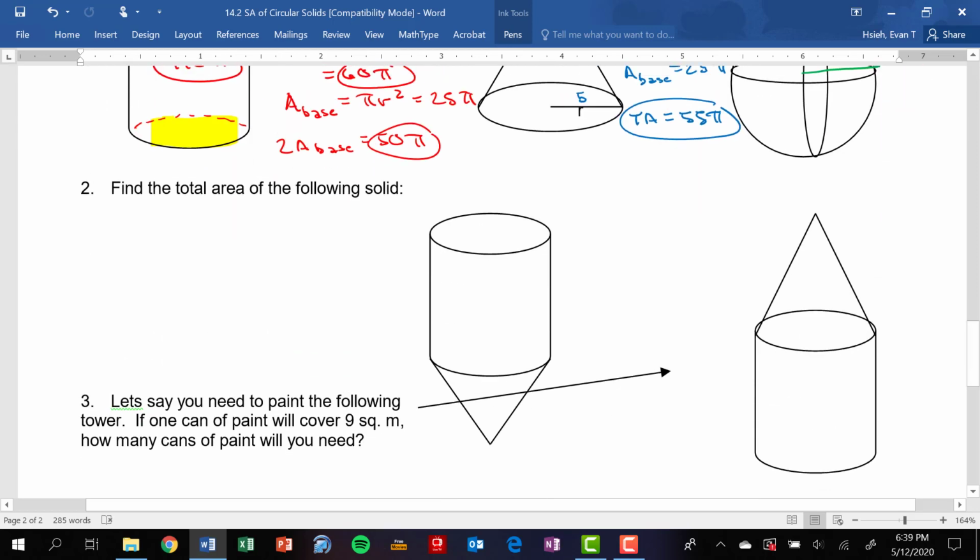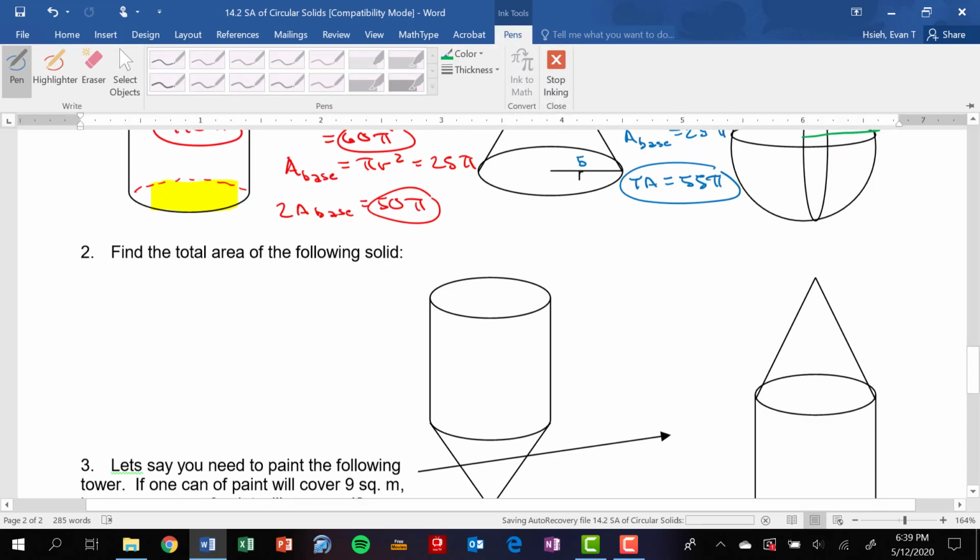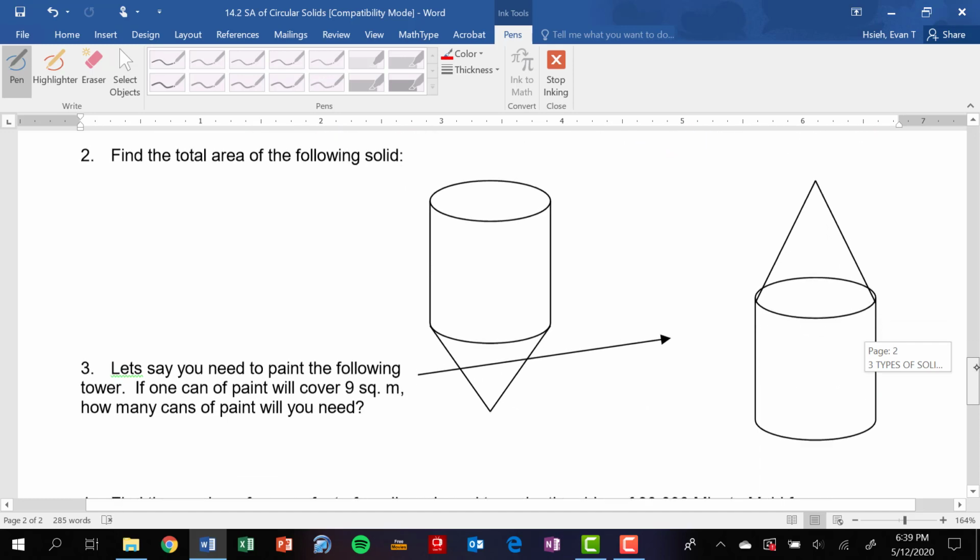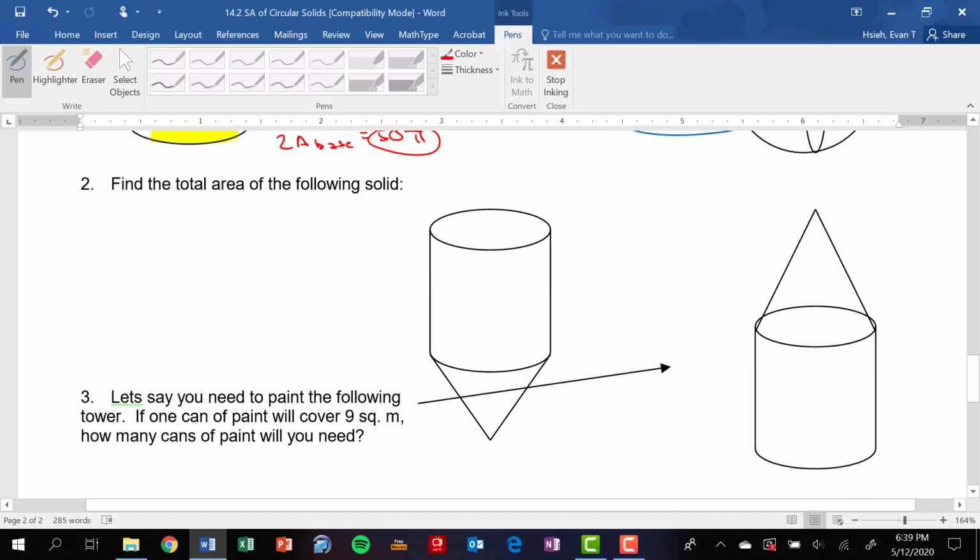And so now let's put it together into one large figure like this. I'm going to have to draw a little bit of stuff in here and give it some dimensions.